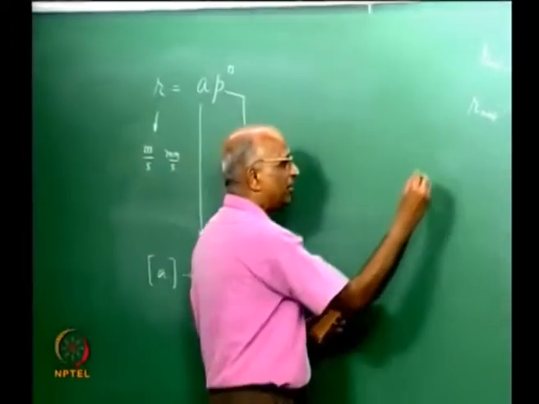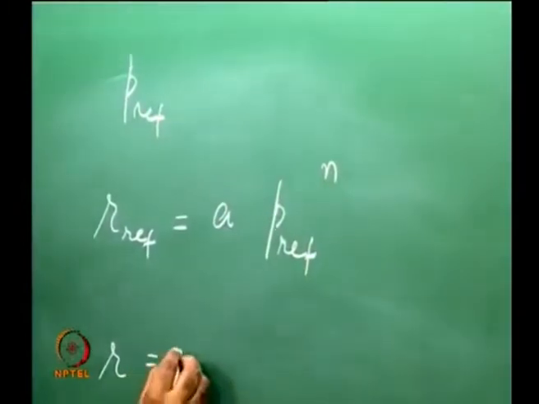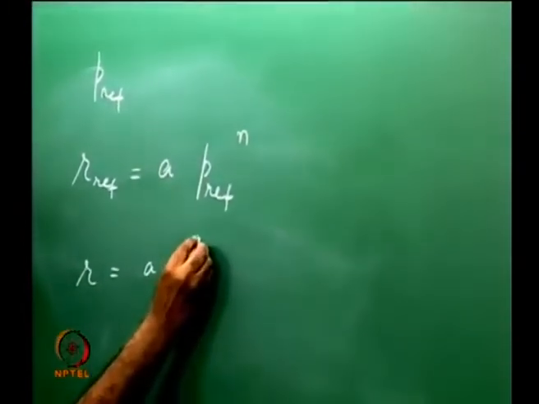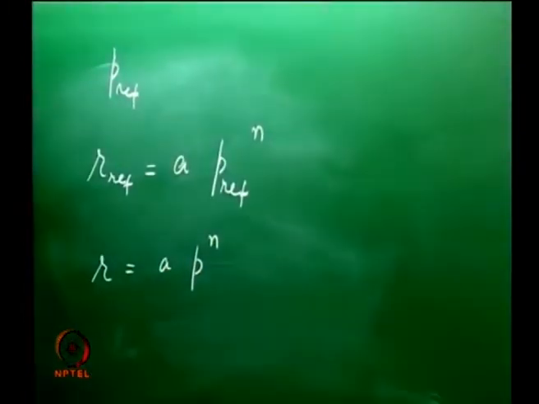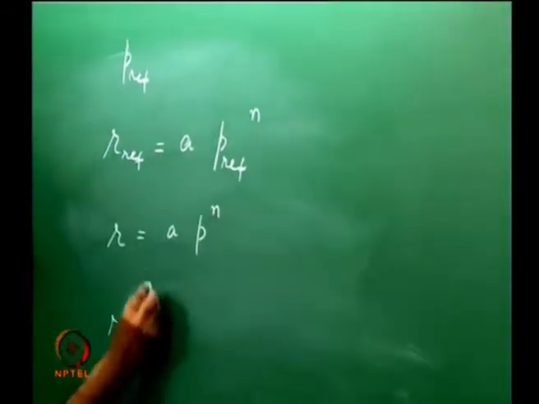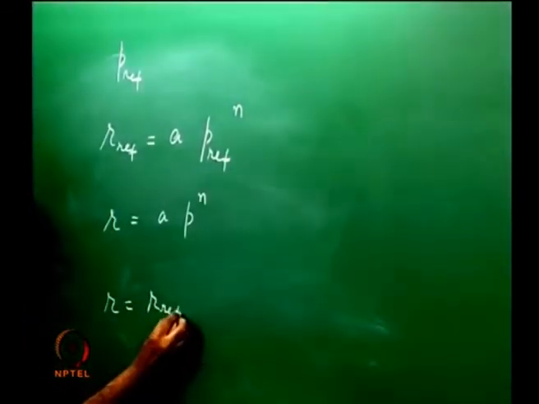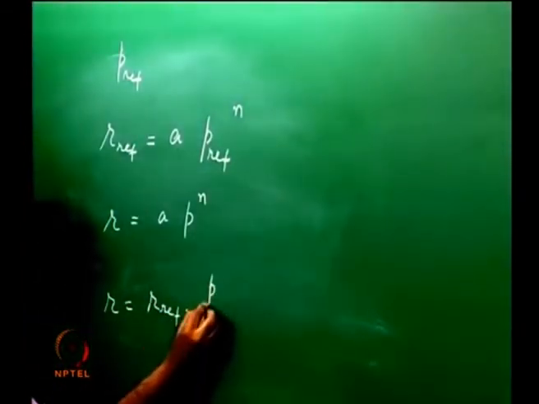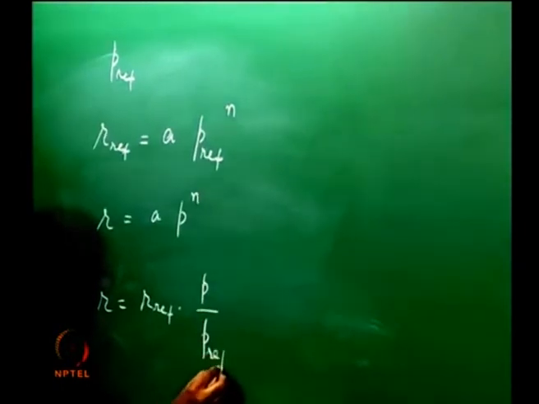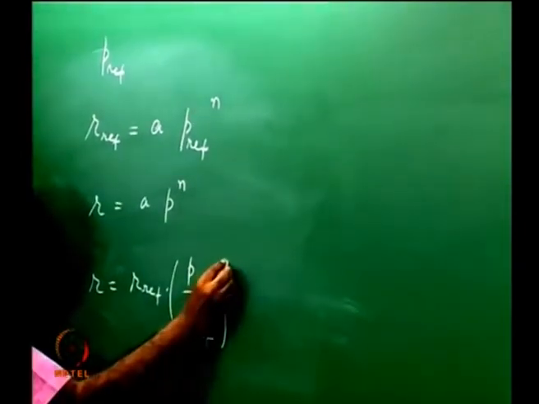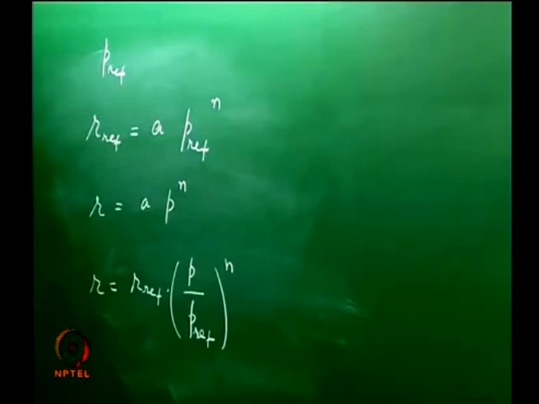Then I am interested in burn rate R at A into P to the power n. Then I can write R as equal to R reference into P by P reference to the power n, and this is one way I get over it.